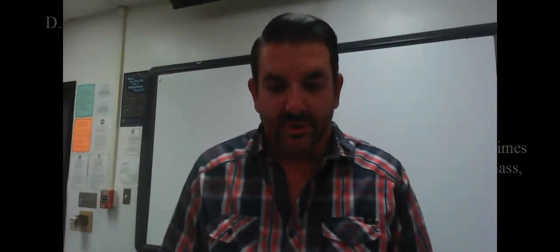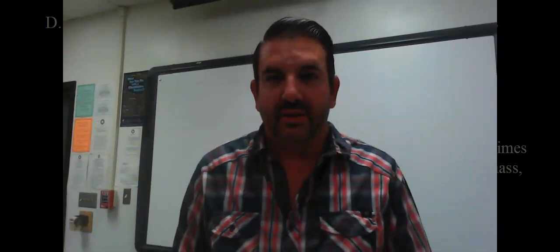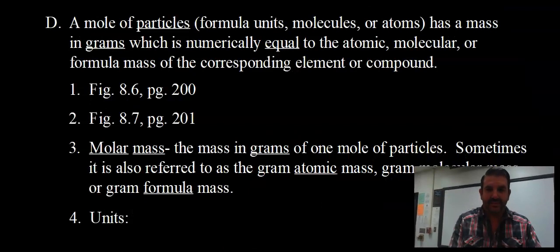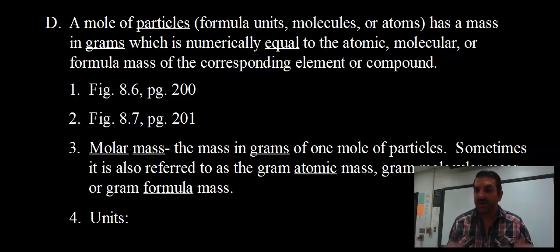So those numbers on the periodic table, we've called them so far atomic mass, which is the mass of one atom in AMUs. It goes by another name too. It's called molar mass. That's number 3 in your notes. Molar mass, which is by definition, this is really important too because we'll be calculating molar mass in several different ways throughout the year.